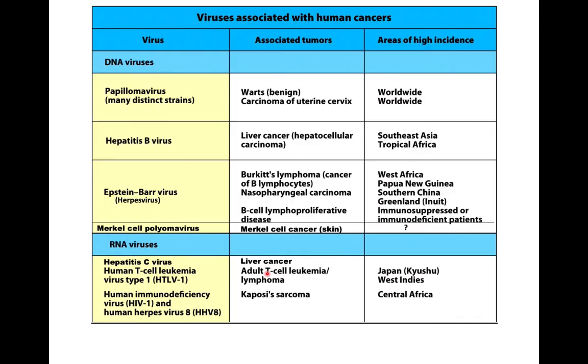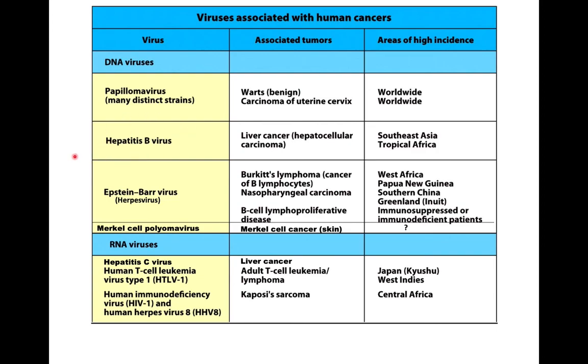So there are DNA viruses that can cause cancer, and there are some RNA viruses that can cause cancer. We've all heard of papillomaviruses, right? HPV. Their acute phase is warts, genital warts. But they do cause cervical carcinoma, along with anal carcinomas and oral cancers of various types.